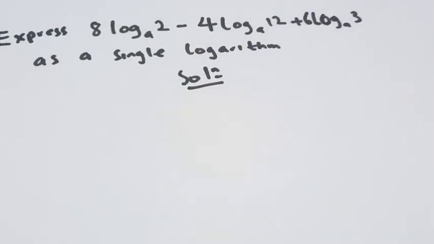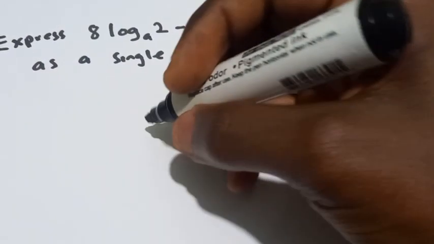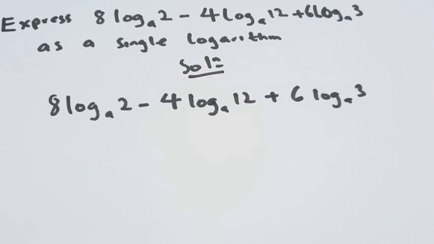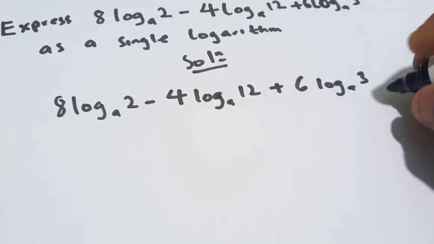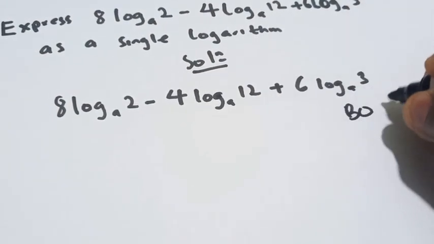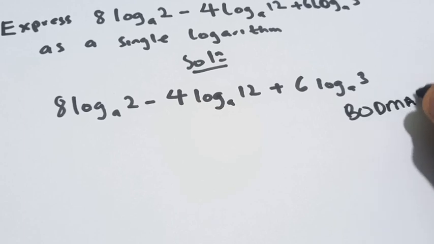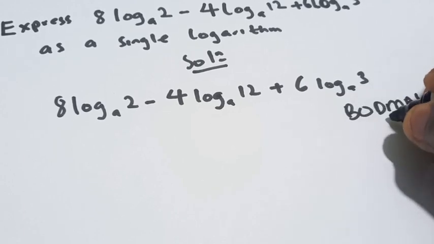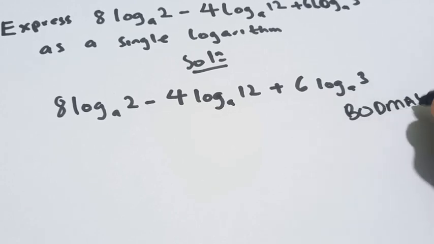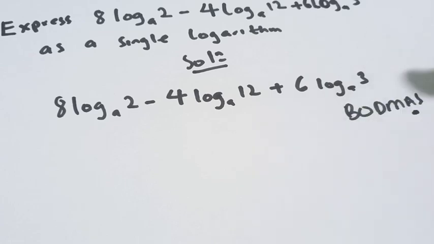So let's rewrite the question. We know that from BODMAS, that is bracket, division, multiplication, addition, subtraction, addition comes before subtraction.